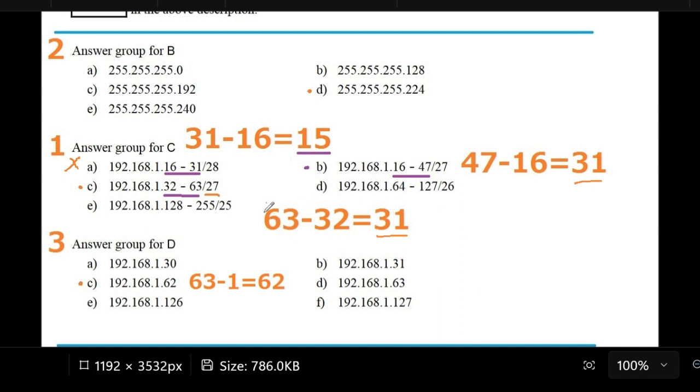So how do you choose which one is the correct answer? I think we need to look into first this part here regarding the 27. Okay, if we don't know what 27 is supposed to mean here, then we'll run into problems with answer group for B. And the way this is explained is, because this one also has 27, right?